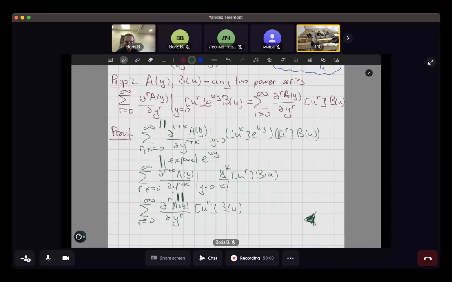And it is just the same as to write that the sum over m from minus infinity to infinity of x to the power m times the coefficient in front of z to the power m of e to the power m psi of y h is equal to 1 over q h.